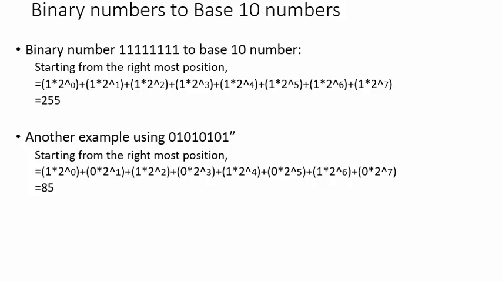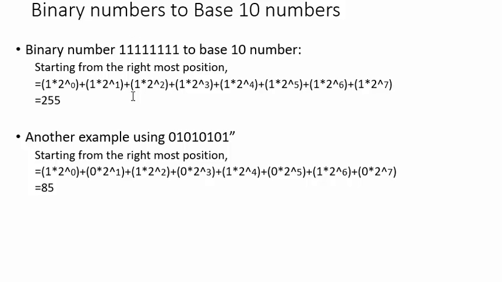Base 10 number system is the number system that we are using every day, right? 0, 1, 2, all the way to 9. So that's 10. Binary number, 0 and 1, only 2, right? So that's why we call it binary number.